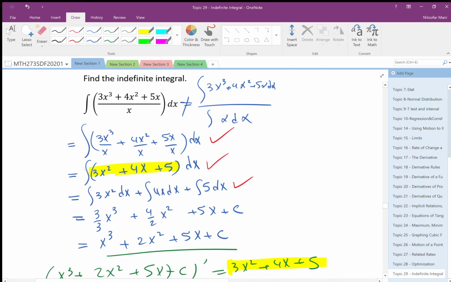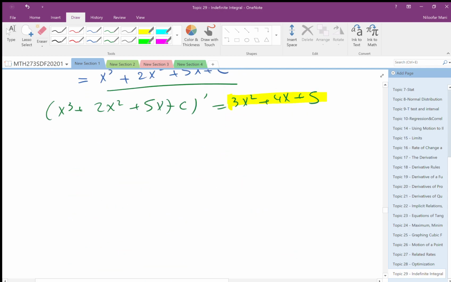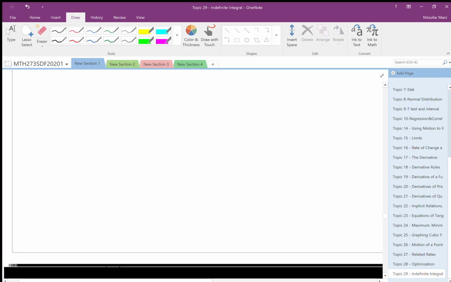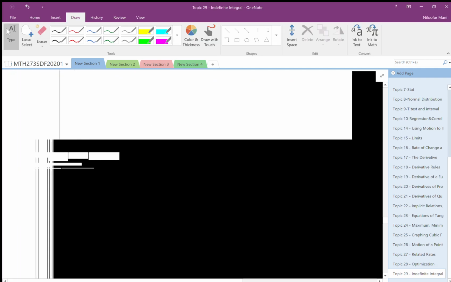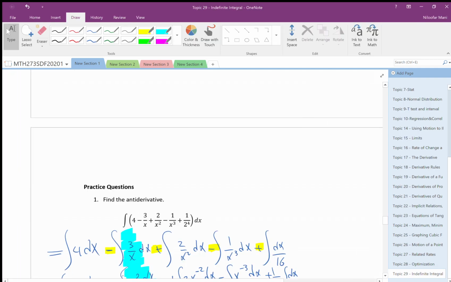How about here? Again I say it doesn't work for division, so I divide 1 by 1. When I have just one monomial, I can divide by the denominator.